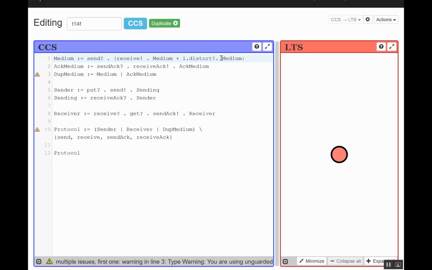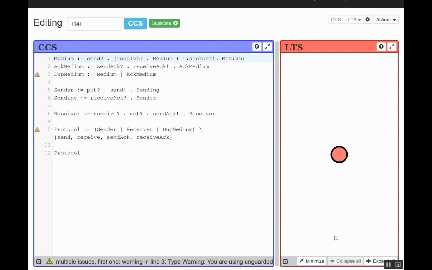Why is that? Well, if it's distorted, it's able to receive another send, but all the others are waiting for the signals. For instance, here the receiver is waiting for the receive in order to send the send acknowledgement, but the sender is waiting for the receive acknowledgement in order to make the next put. And then the send would come. So this is now a broken system.